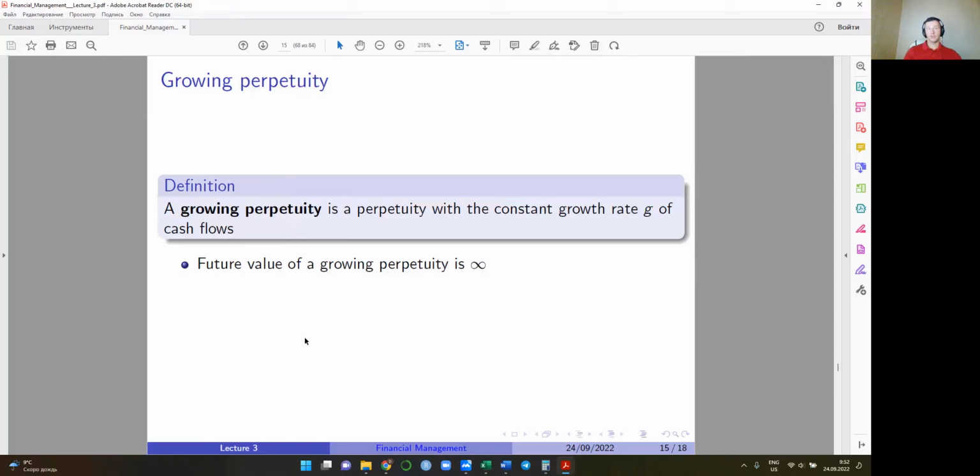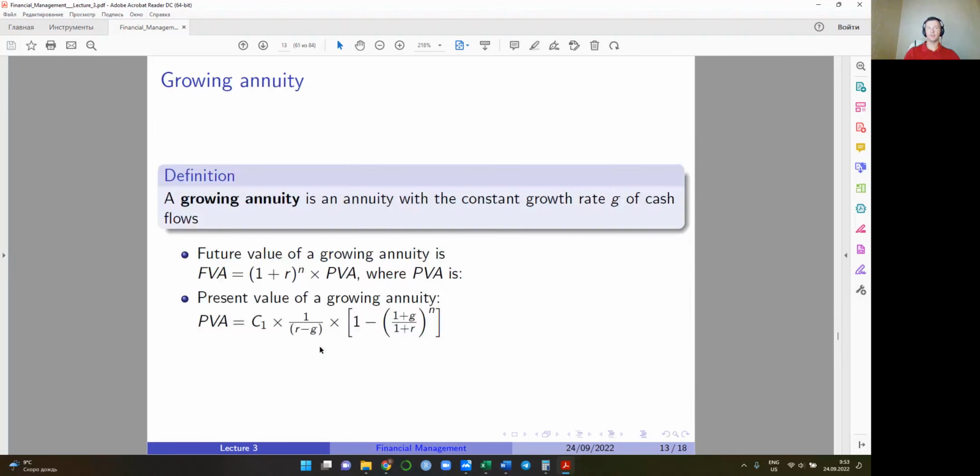The future value of a growing perpetuity is of course infinity because it grows indefinitely, and you are not able to compute this future value. The present value of a growing perpetuity is very simple, this term. If you compare this with the previous formula here, you might find that the present value of a growing perpetuity is just this part.